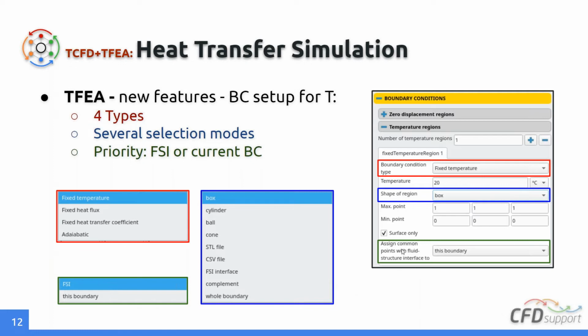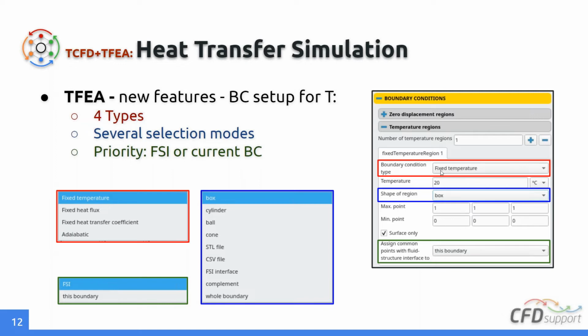And the last one is a feature because, for example, if you choose the box and the box already intersects the FSI part, you can choose whether this boundary should rewrite the FSI or not.